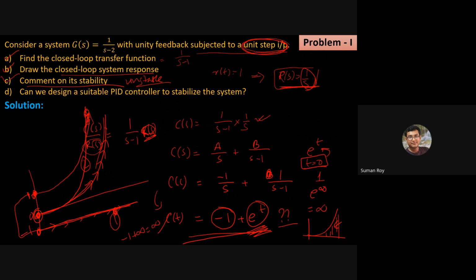Again, someone can also comment on the stability from this one itself. As you can observe, this system has only one pole at the right hand side at +1, right? Since the one pole is at the right hand side, this is a bad pole, so it causes instability of the system. Okay, so that's why this is not stable.